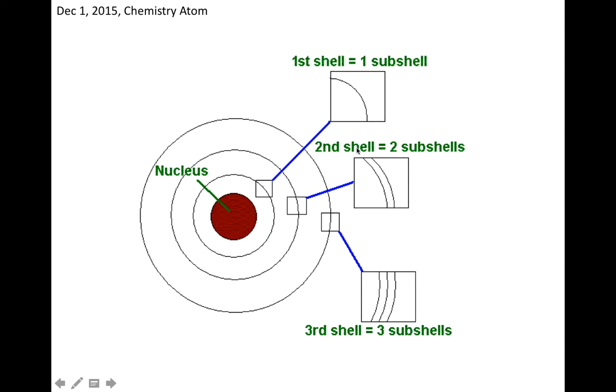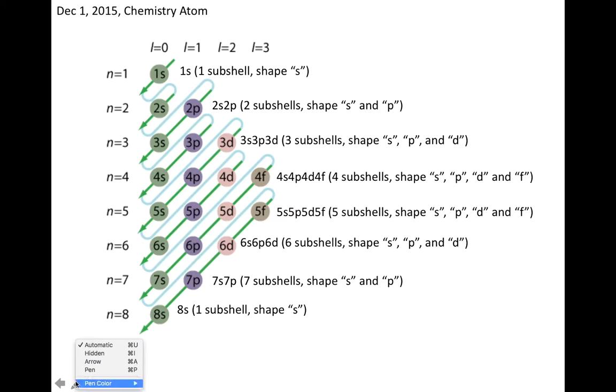The first energy shell has one subshell, second has 2, third has 3, and so on. So the first energy level has one subshell, and that subshell is in the shape of an S orbital.